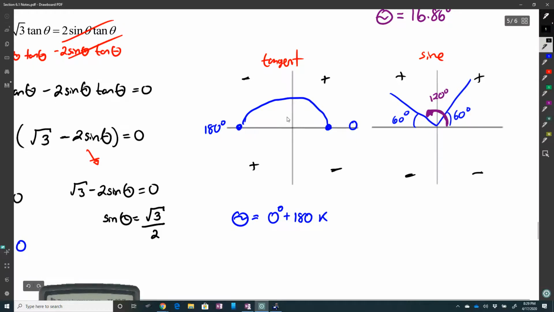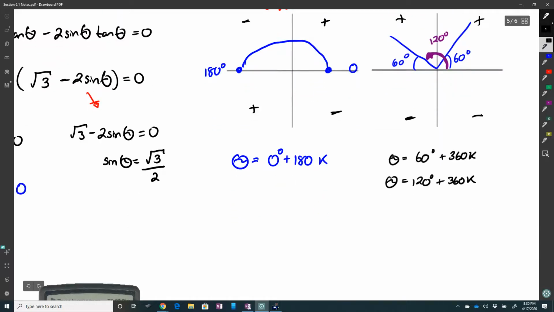Okay, so from the beginning to the second angle. So theta is going to be 60 degrees plus 360k, and theta is also going to be 120 degrees plus 360k. And so you have those three solutions.